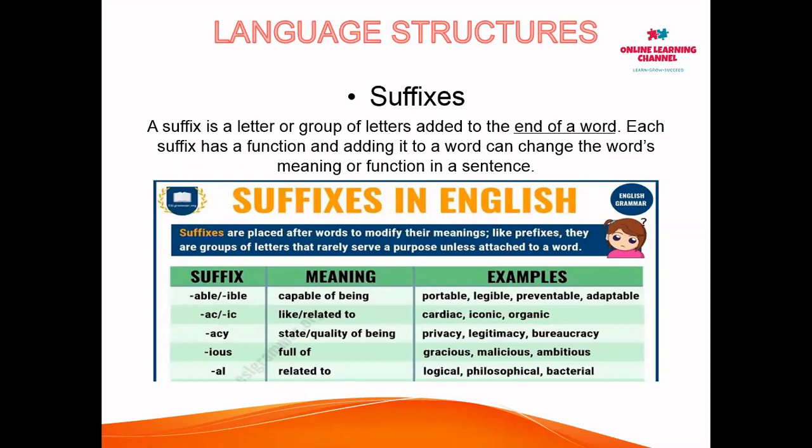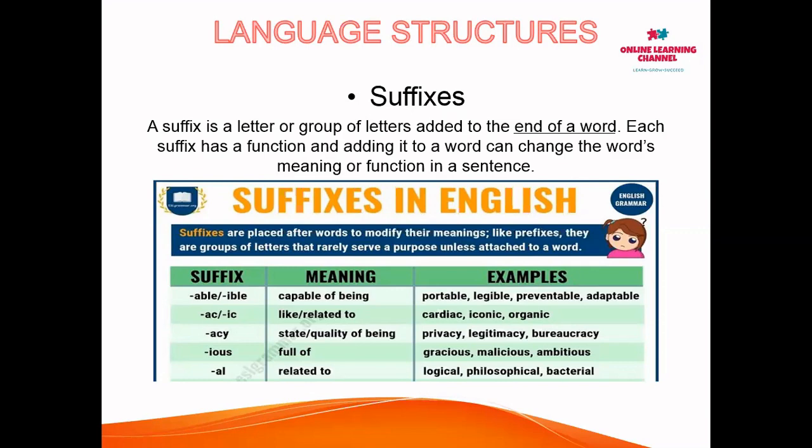Let's look at able. Able, right? It means capable of being. Able is a word on its own, like you're able to do something. But if you add it to a root word, let's look at one example. Portable, right? It says able, but when you pronounce it in a word, it's portable. Next, preventable. Okay, let's look at another one.